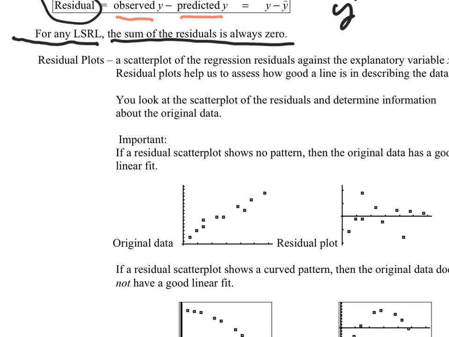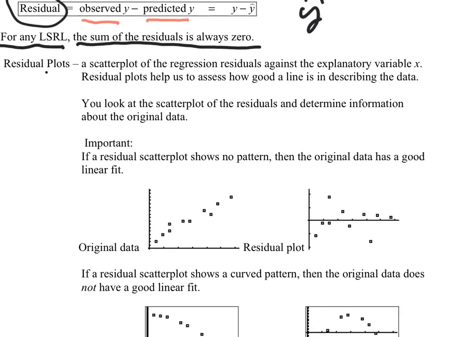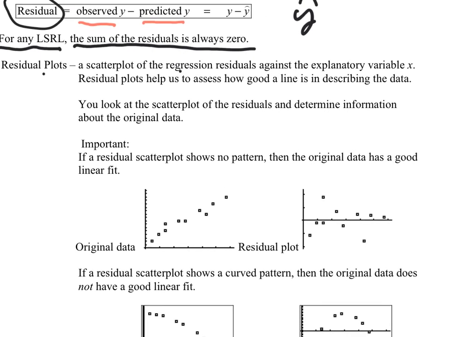Here's a definition of the residual plot. A scatter plot of the regression residuals, the ones you just created when you do the best fit line, graphed against the x values. That was what I just told you. Against the x values, you plotted the residuals. And the residuals were these values that went up and down above what we called y hat.